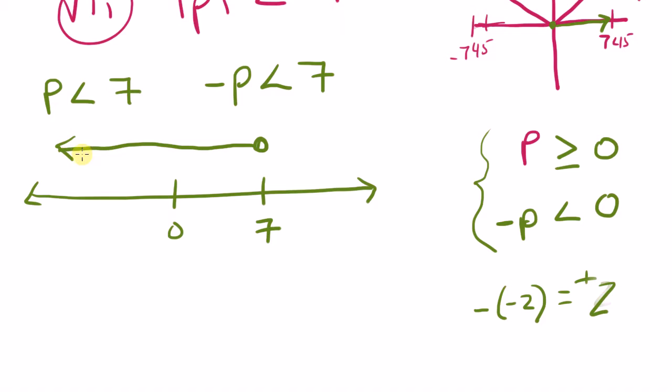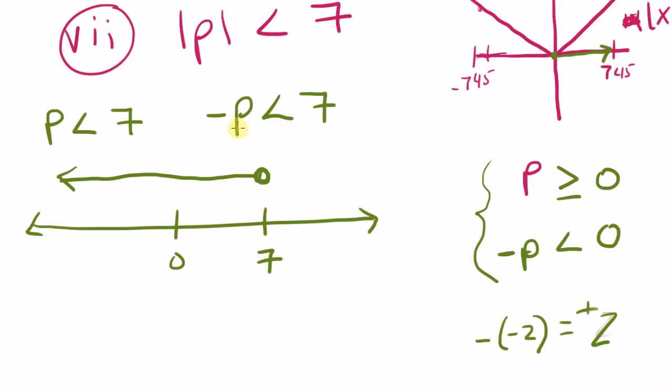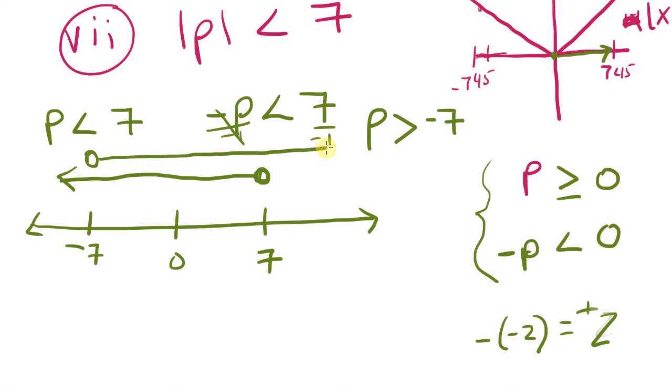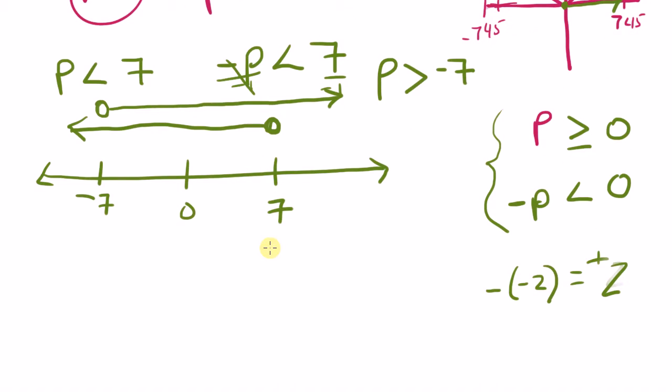Not including. And here we're going to divide by -1. And when we do that, we're going to have to flip. So we get p has to be greater than -7. So we go -7. And we punch in an open circle. And we go this way to infinity.